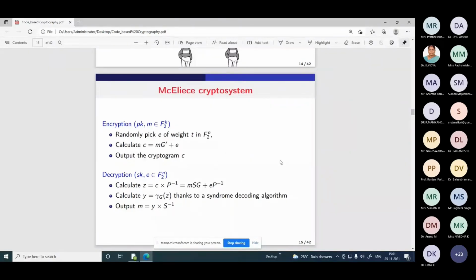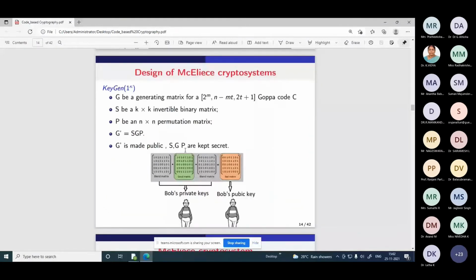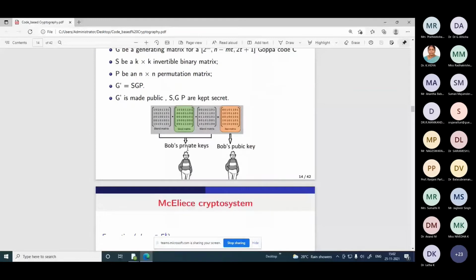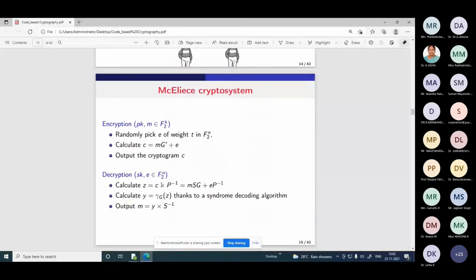how will Bob do that decoding process? How will he perform? See, once he receives that cryptogram, what are the keys with him? Yes, G prime. He has the 3 matrices. So he just multiplies the cryptogram with P inverse.